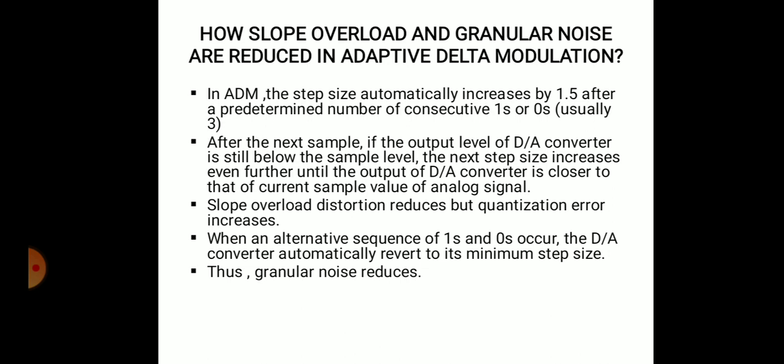So when an alternating sequence of 1s and 0s occurs, the D2A converter automatically reverts to its minimum step size. In this way we can remove the granular noise, as well as the slope overload noise also.